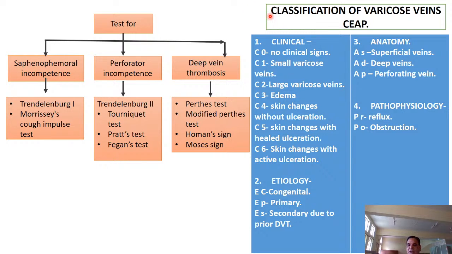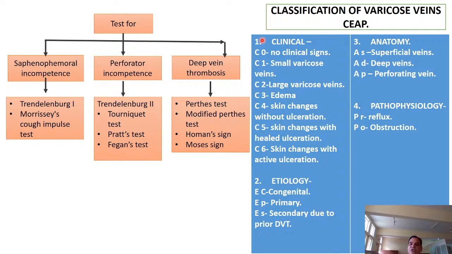We have considered classification into short saphenous, long saphenous and perforator. This classification is called CEAP. The name itself is diagnostic. C stands for clinical, E stands for etiological, A stands for anatomy, and P stands for pathophysiology. This is an all-inclusive classification.